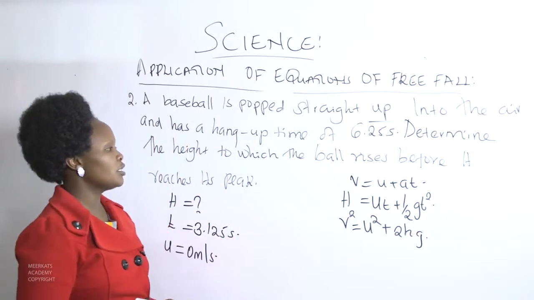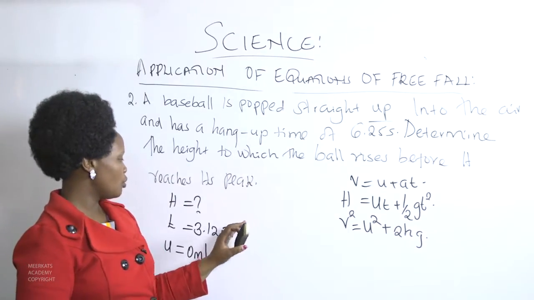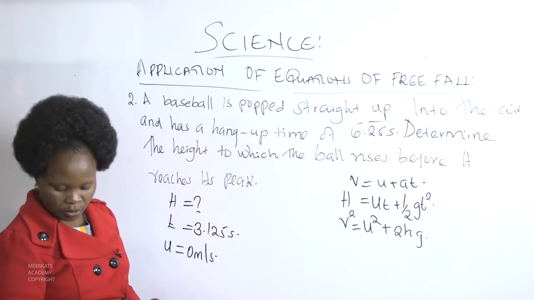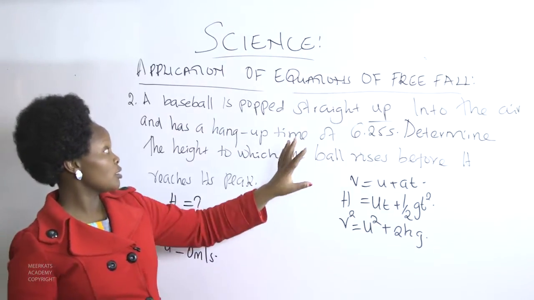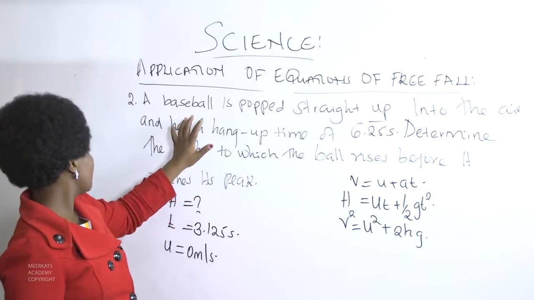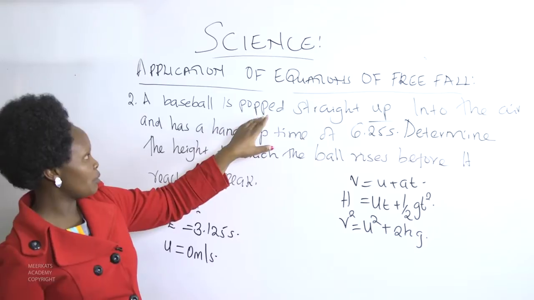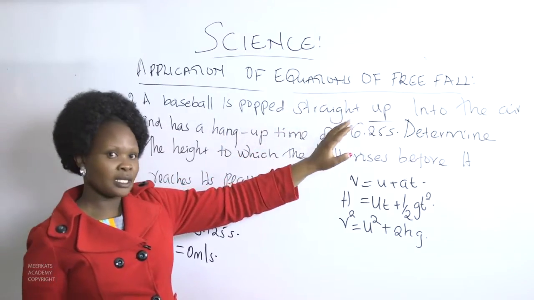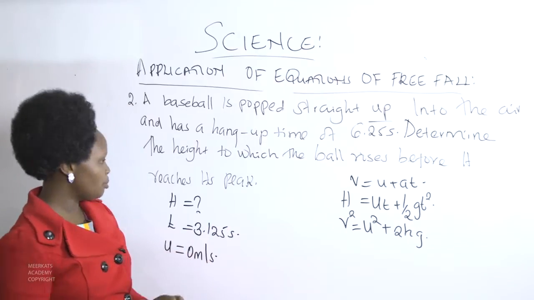But most importantly, we ask ourselves, to which direction has the ball been projected? Is it moving upwards or downwards? Clearly from the question, the baseball has been popped straight up.